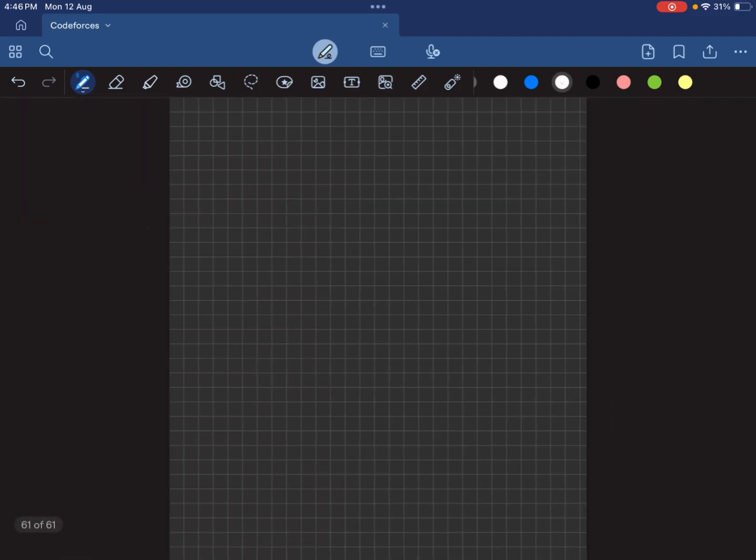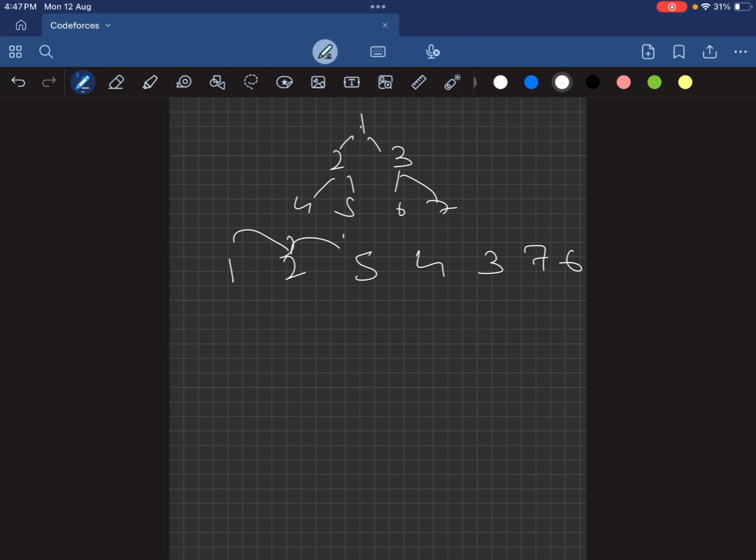For the tree that we made, one of the possible DFS traversals is 1 2 5 4 3 7 6. This is a valid DFS traversal, because after 1 you can go to 2, then from 2 you can go to 5, then we go back to 2, and go to the other child of 2, that is 4, then we go to 3, then 7 and 6. This is a valid DFS traversal.